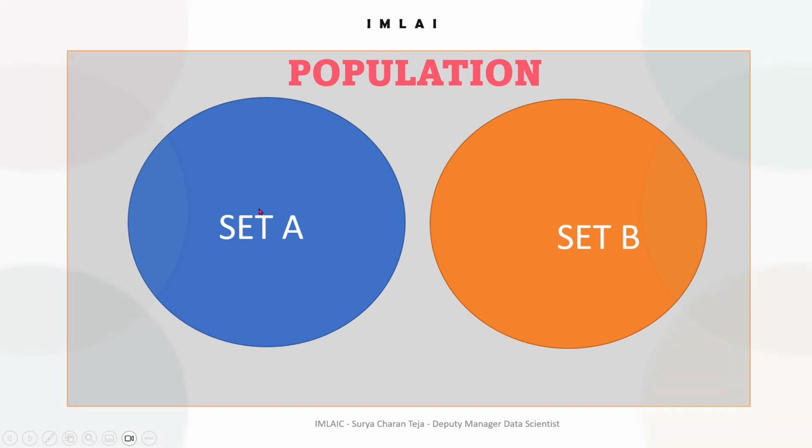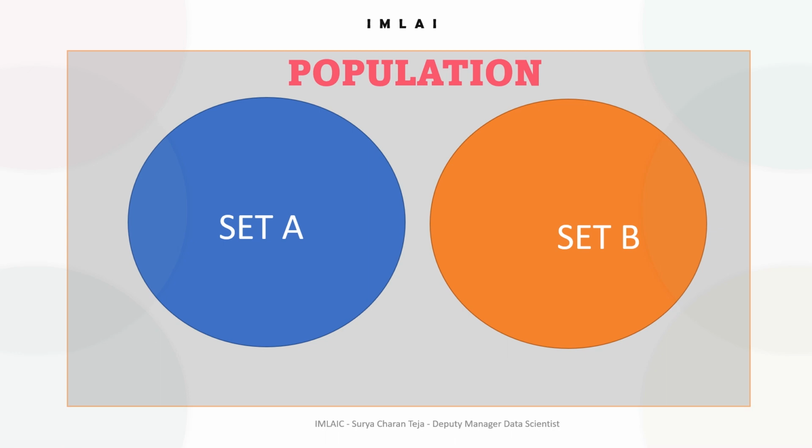So let's take two sets. That could be a survey conducted to determine the popularity of two different types of restaurant. One is Italian, second one is Mexican cuisine, among a certain population. Let's say we are interested in finding out which type of restaurant is more popular among the residents of a certain city.